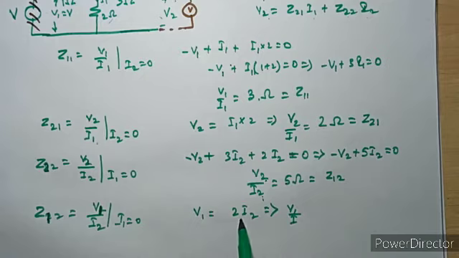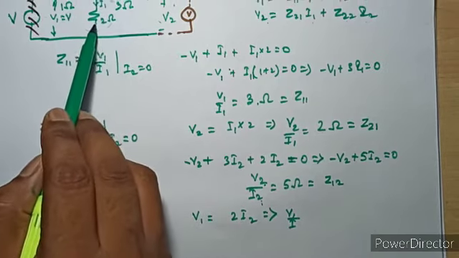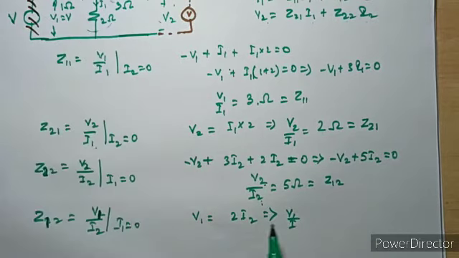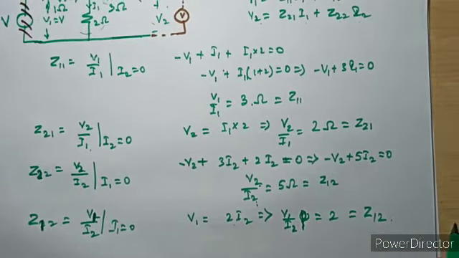Since V1 is equal to 2I2, which is nothing but the drop across this resistor, V1 by I2 will be 2 ohm, so this is nothing but Z12.